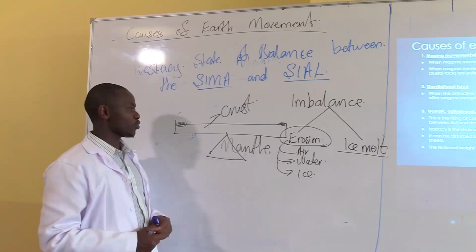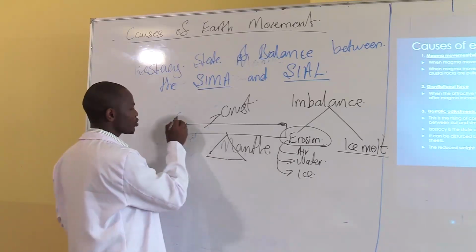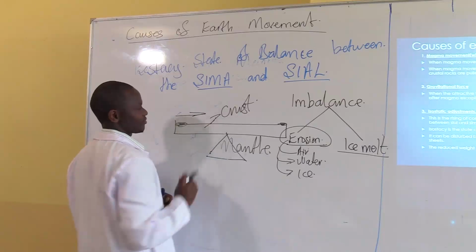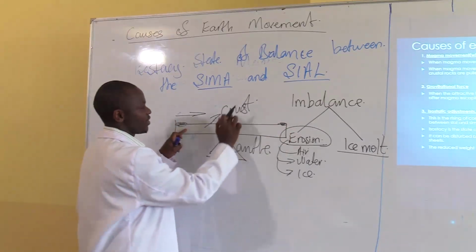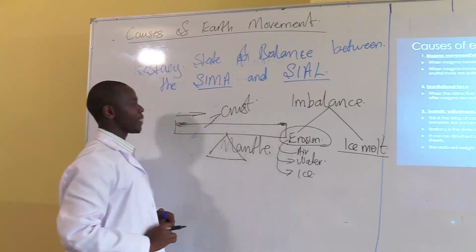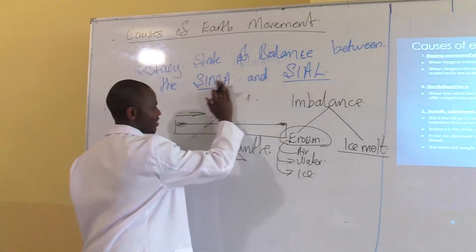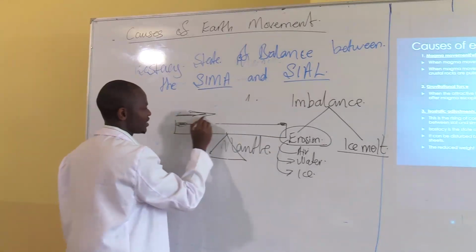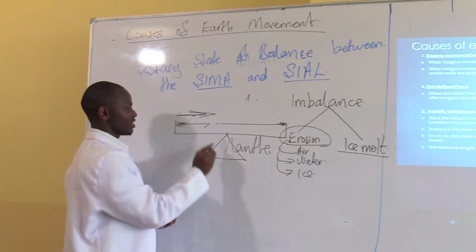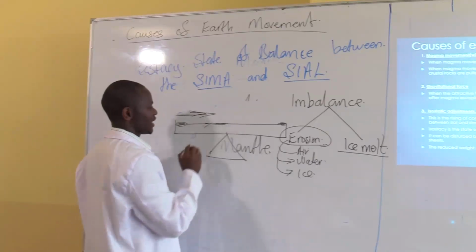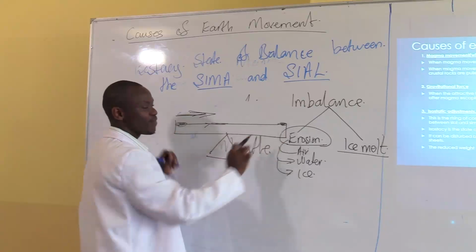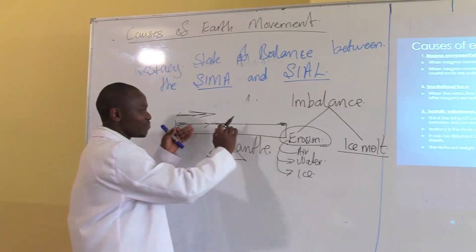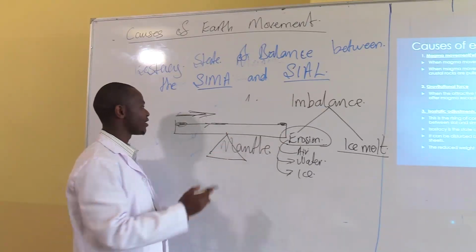This is an illustration of a seesaw. When erosion takes place in this illustration of ours, the crust is the upper part. Let's put this as prevailing winds. When prevailing winds take place for a long period of time, remember the seesaw is the crust. It can even be the continent, Africa.